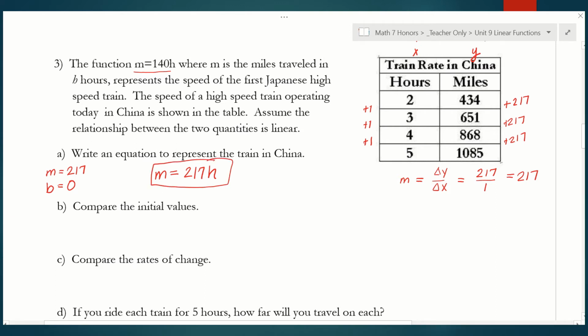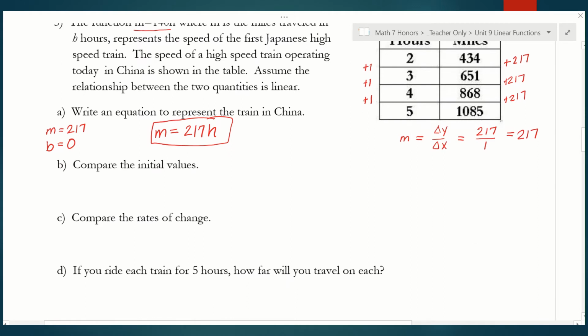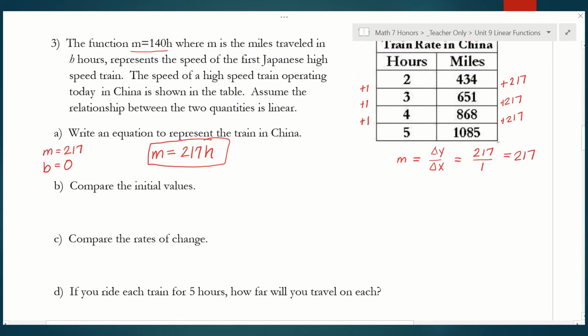Now it says to compare the initial values. Well, the initial value of the Japanese train was 0. And the initial value of the Chinese train was also 0. So we can say, obviously, that they're the same, but in the context of the problem, what does that mean? It means that at hour 0, they've traveled 0 miles.